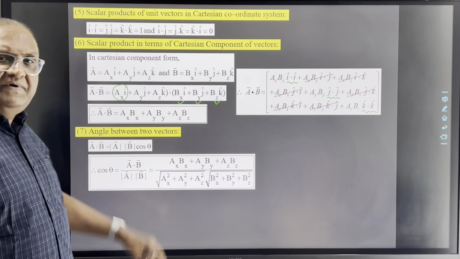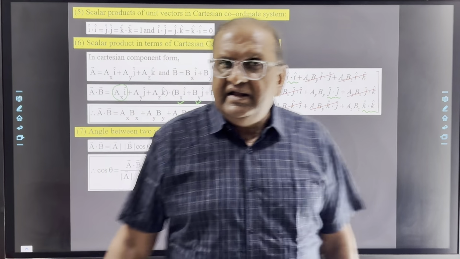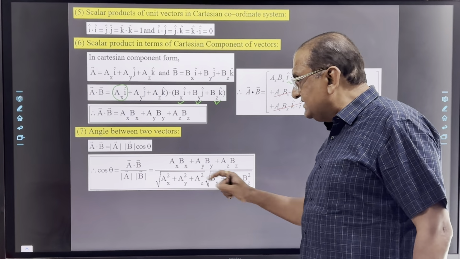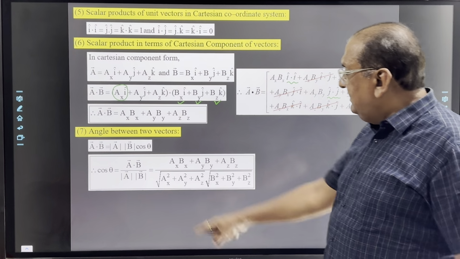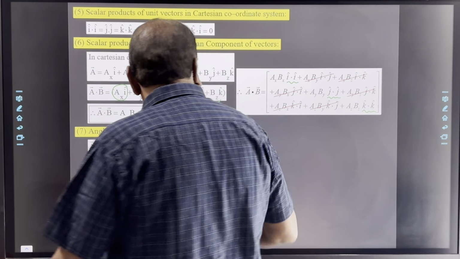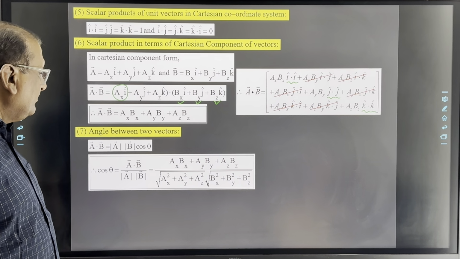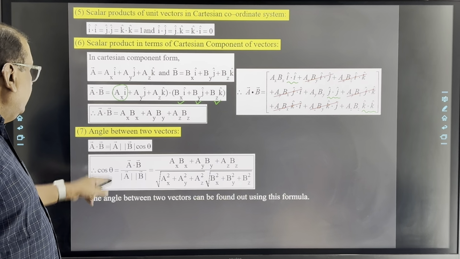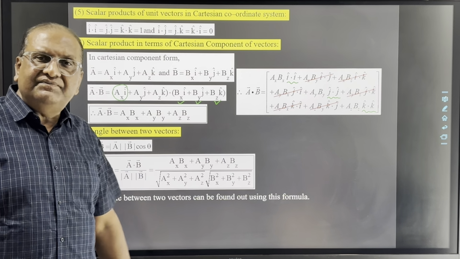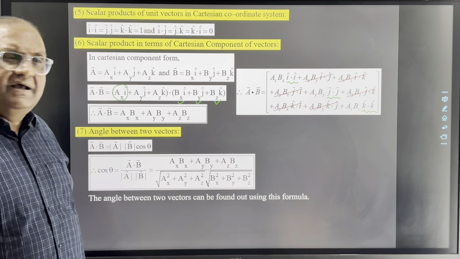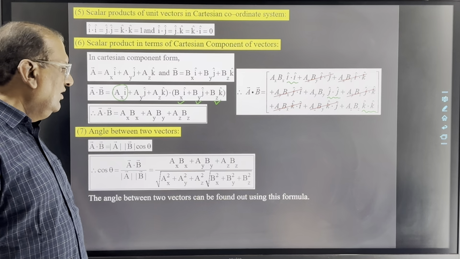The magnitude of A is under root AX square plus AY square plus AZ square. Similarly, the magnitude of B is under root BX square plus BY square plus BZ square. So using this formula, one can easily find the angle between two vectors.